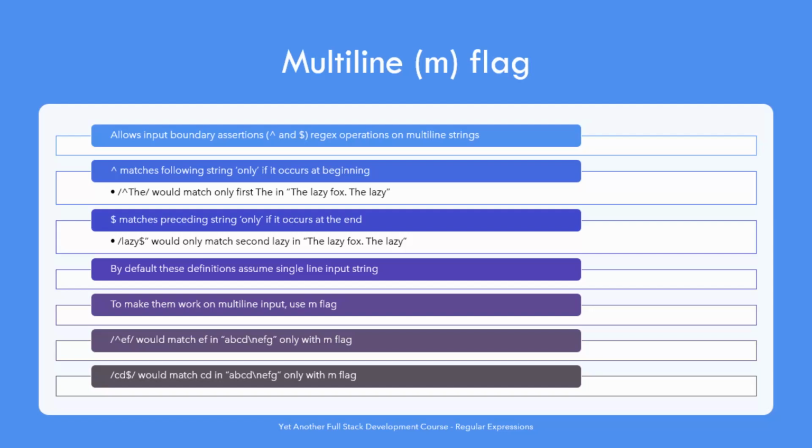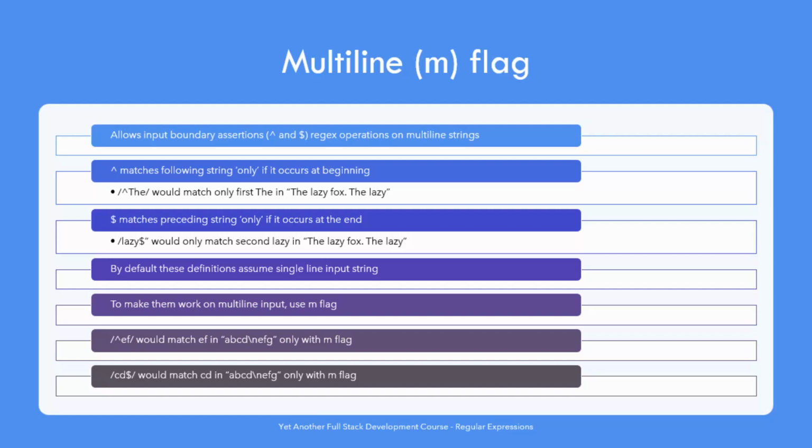In other words, if you have an essay and you want to write a regular expression that matches all lines that start with the word "the", you would write a regular expression like caret the. Now, a search with such a regex would only work for the first line and not any other lines in the essay that start with "the", unless, you guessed it right, you use the M or multi-line flag.